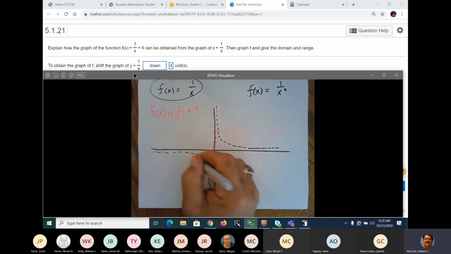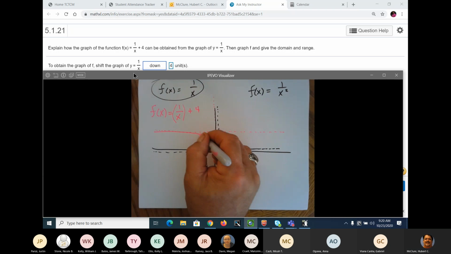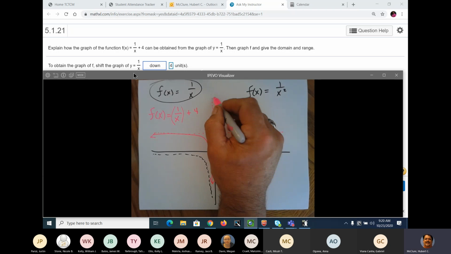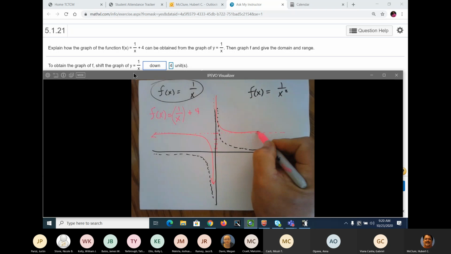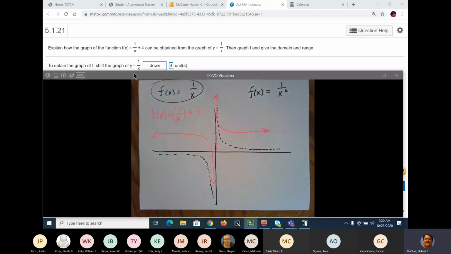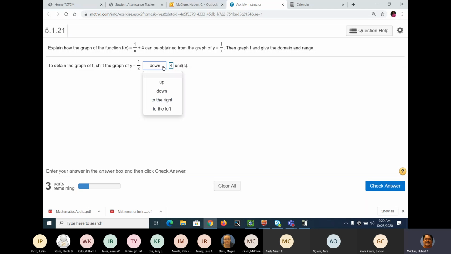And instead of the 1 over x being here, it's now going to be there. So that's what the function 1 over x plus 4 looks like. So you're going to go up 4 units.